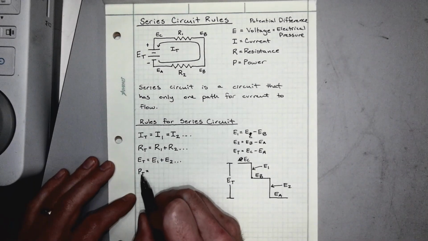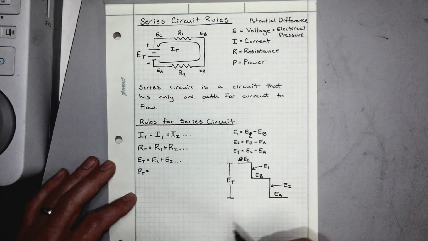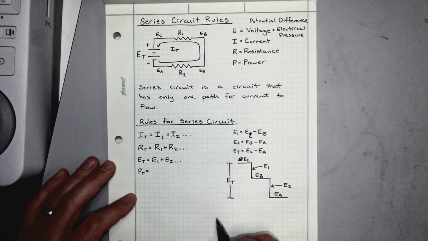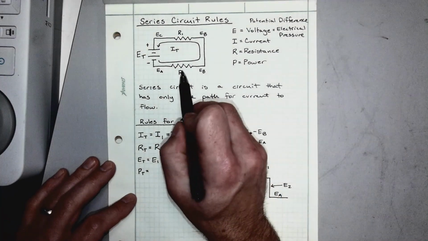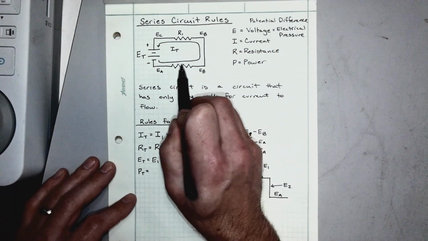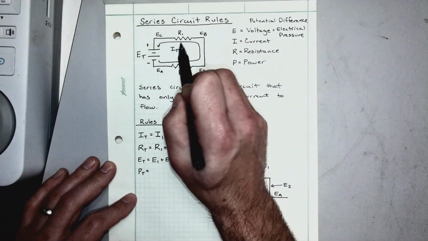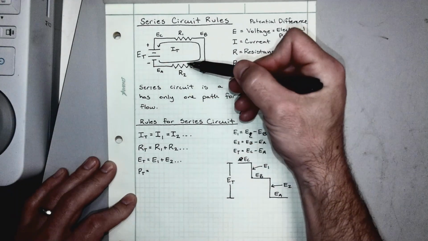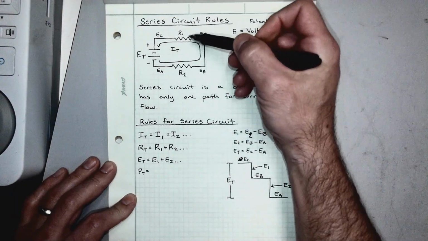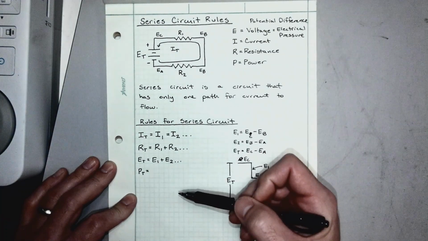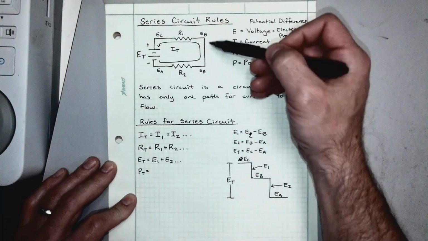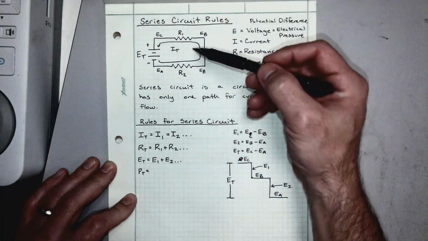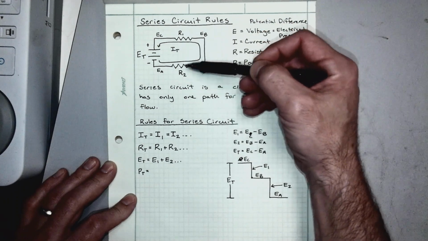Luckily, total power is the same for series or parallel, and so if we were to look at the power dissipated by this resistor and the power dissipated by this resistor, and it dissipates power in the form of heat. So if we looked at the heat generated by this resistor and the heat generated by this resistor, how much heat does the entire circuit dissipate? Well, we would just say it's this heat plus this heat.